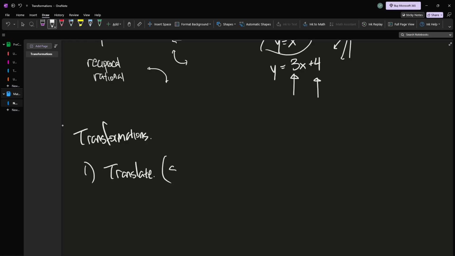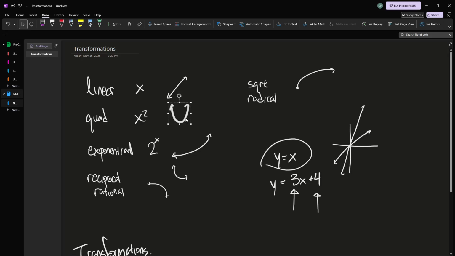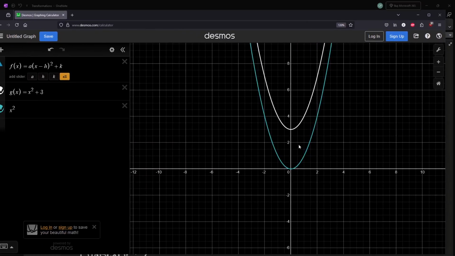What we're going to use for most of it is shifting it. We're moving it around. Think of it like you just pick up the graph and move it up. Like if I had this quadratic, I'm just moving it over here, or I move it up. It still points the same way. It still looks the same, but now instead of my vertex being at 0, 0, my vertex is at 0, 3. Not much really has changed.